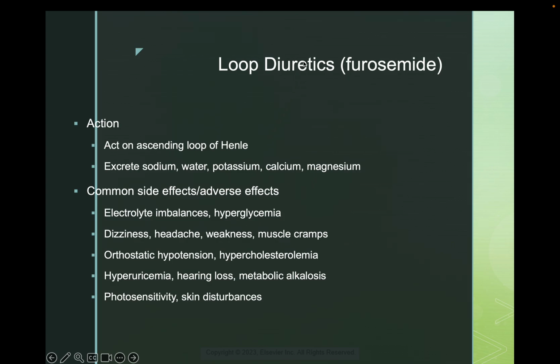So when we talk about Lasix, potassium is something we must really consider, and we must always monitor that potassium level. Some of our common adverse side effects are electrolyte imbalances, hyperglycemia, dizziness, headache, weakness, orthostatic hypotension, hypercholesterolemia. All of these come with a slew of side effects.